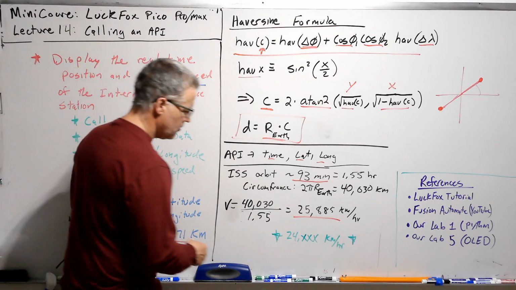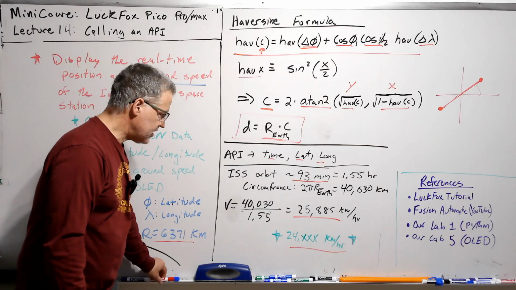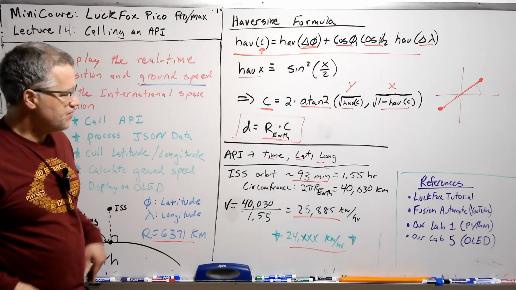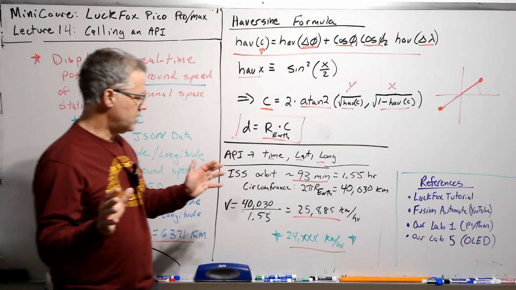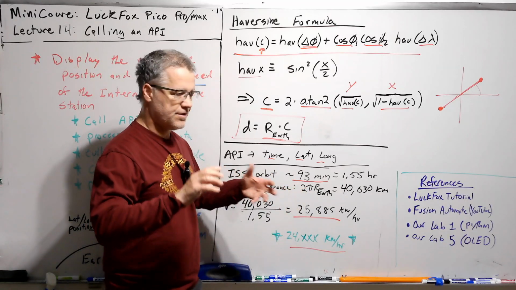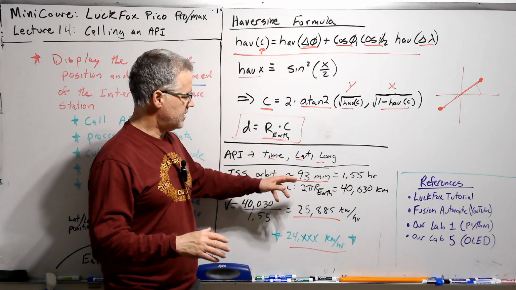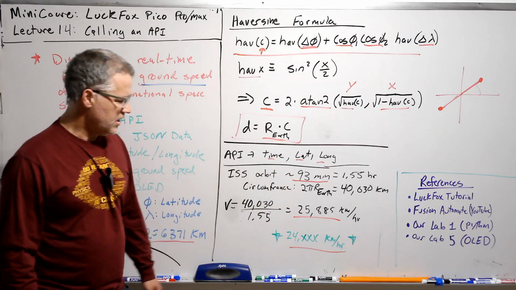Now, it turns out we're going to be a little bit short of that. Not exactly sure why that is, but obviously there's different precision, the Earth is not perfectly spherical, and there's some round off here.